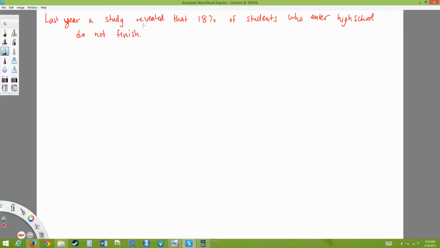Again, I'm just making up these numbers. I don't know if this is actually what's happening. A school district or a campaign to finish high school is implemented.